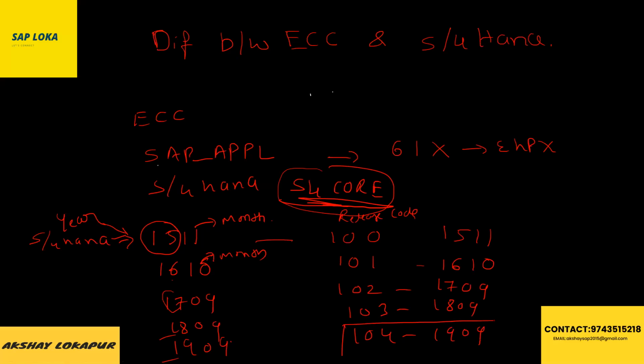Currently we are using this one. By checking this, SAP S4 core will identify it as an S4 HANA system, and then you can check which version it is. So far clear?